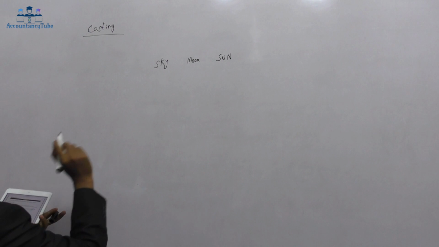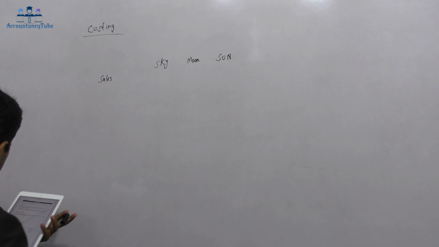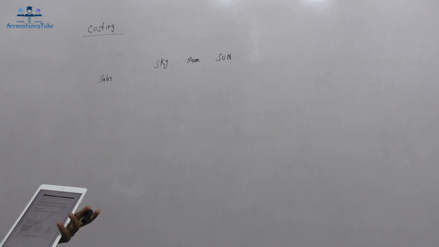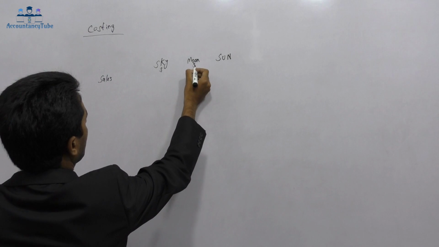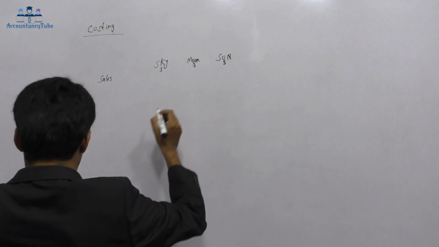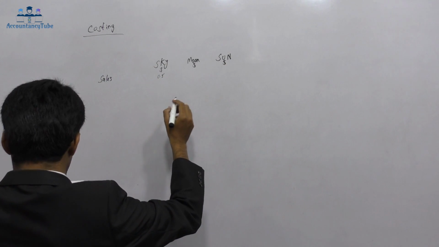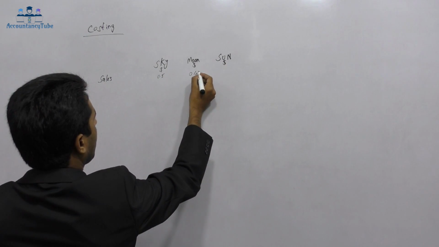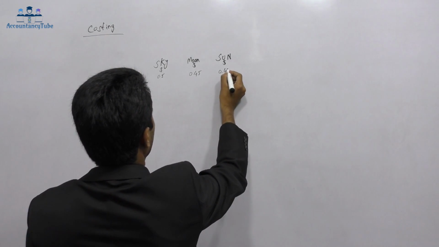So first of all we need to take the sales. Sales per unit is how much? Let me put the dollar sign. Sales per unit is $0.5, $0.45, and for Sun Bar it's $0.43.